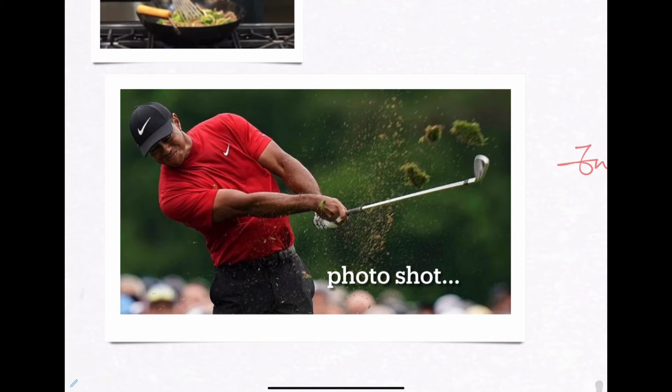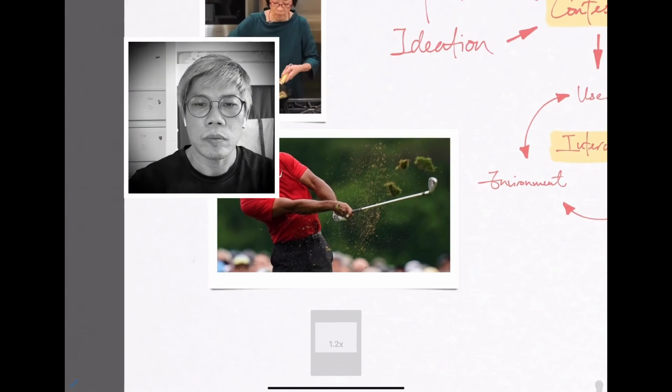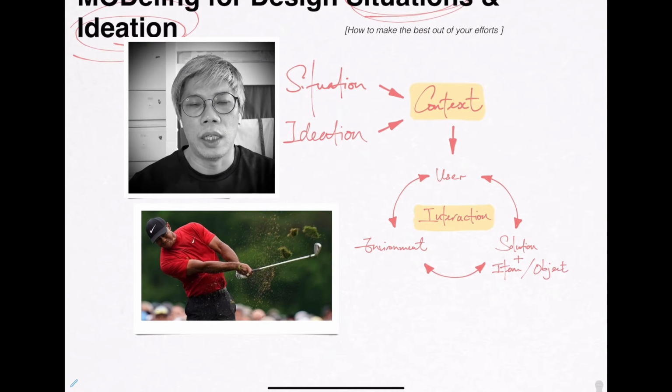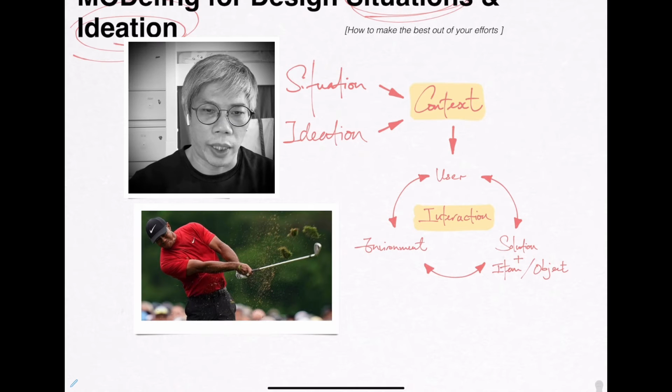So he could be putting. So it is an action that is being taken. This shot is taken of his action. So here is the context. He is on a golf course, obviously. So the user is the gentleman, and the golf club is the item or the object.